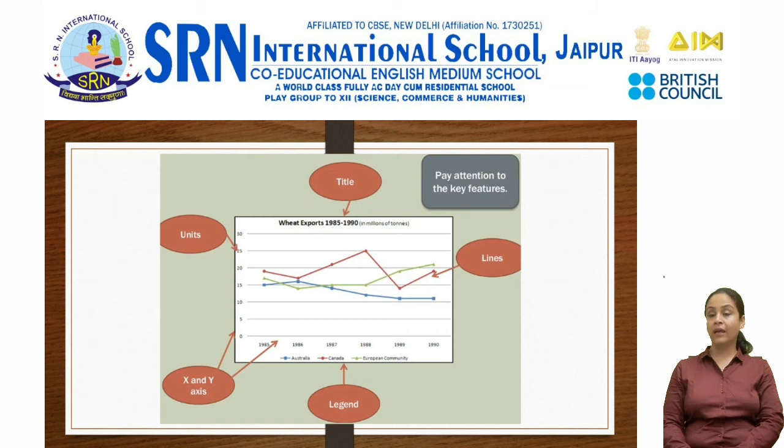Then you have two axes, x-axis and y-axis. Then you have legends or keys mentioned below your diagram. And then you have different lines. The color could be different. It could be 1 line, 2 lines, or 3 lines. It could be a straight line or a curvy line. So these are the key features you need to pay attention to.